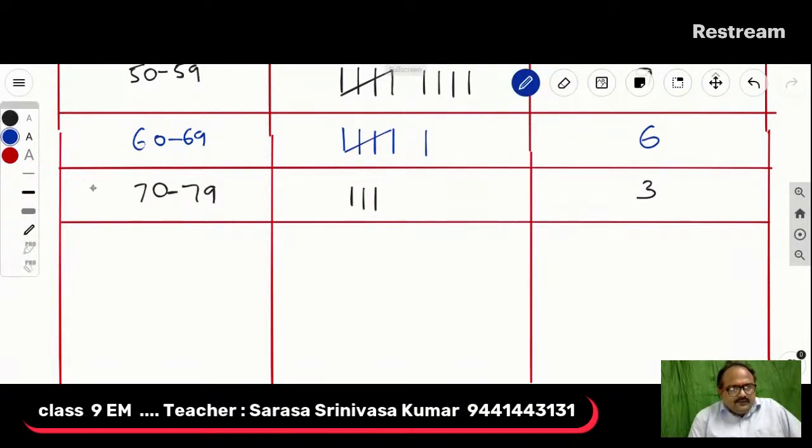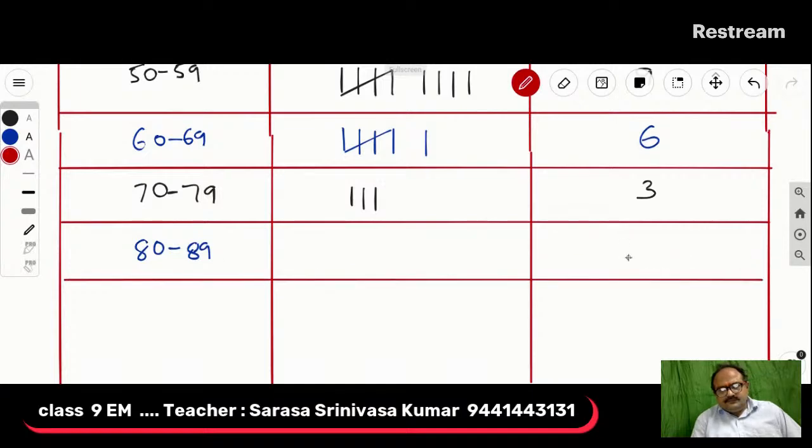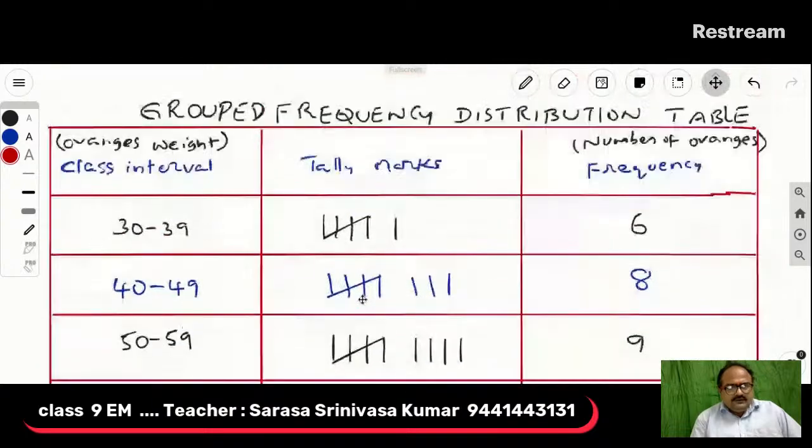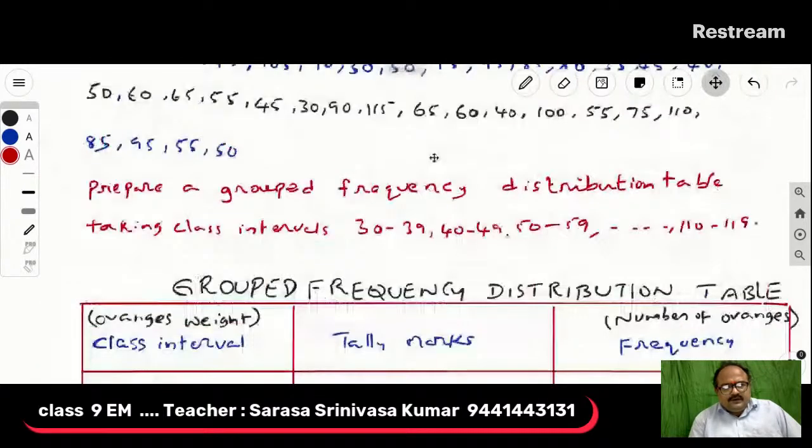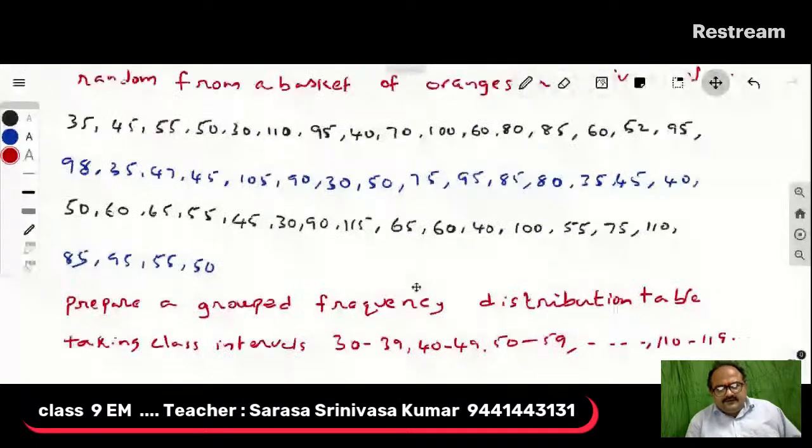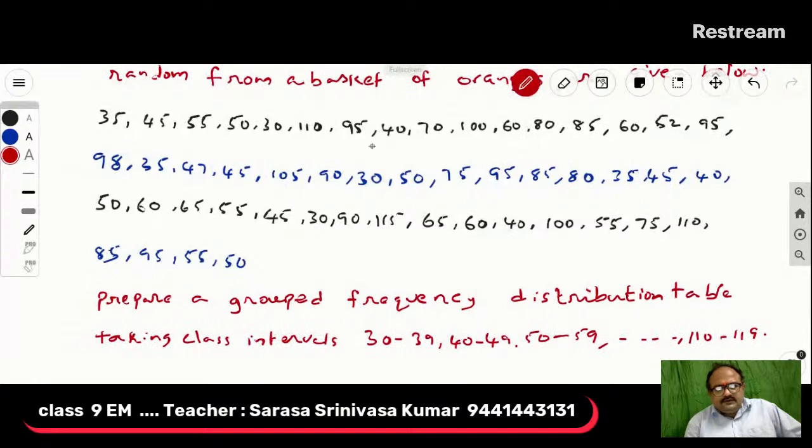Now we consider the next class interval 80 to 89. Now let us count the number of oranges, that is the frequency for this class interval 80 to 89.